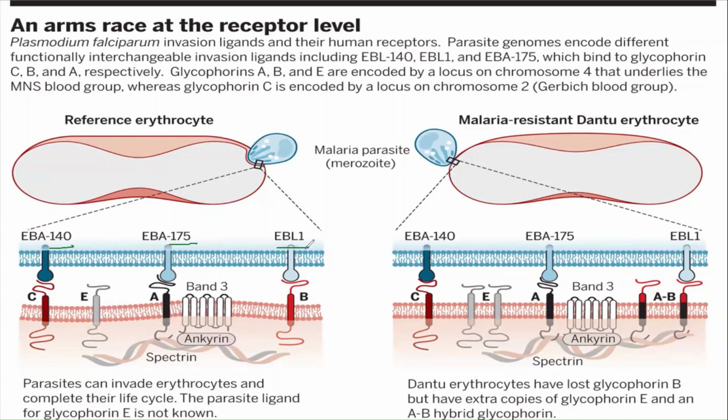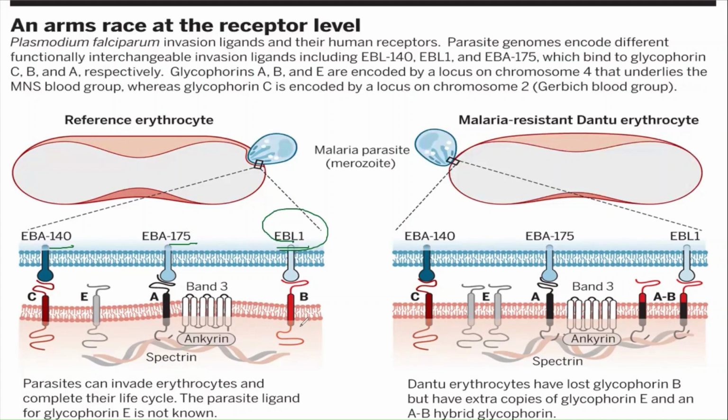What are these? These are the receptors of your malaria. Okay, they interact with the glycophorins of RBCs so that they can infect the RBC, go inside and start living there and cause malaria. Okay, are you able to see? Are you able to understand?